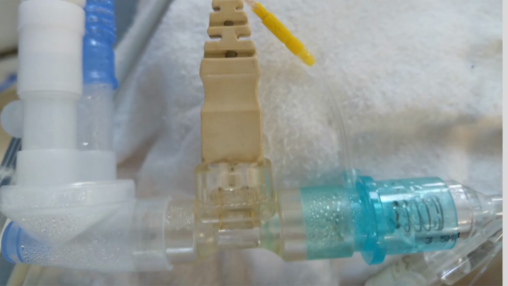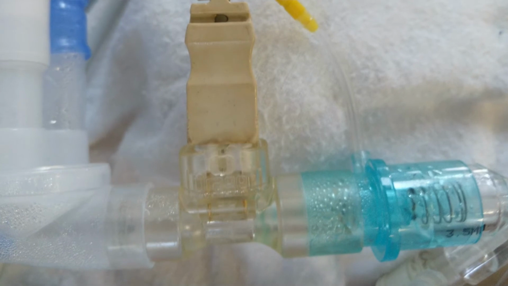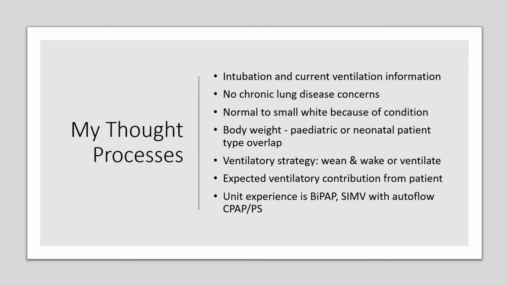However, if you ventilate in neonatal mode, you need to remember to put in the NeoFlow sensor, because that will then help tell us when the patient's asking for a breath. So the NeoFlow sensor helps with the flow trigger to allow the baby to take a breath from the ventilator. So for the patient, they might prefer neonatal because they've got that flow sensor that's very close to the ET tube.